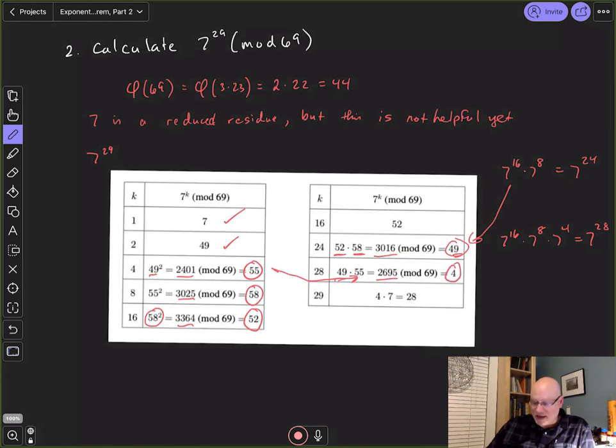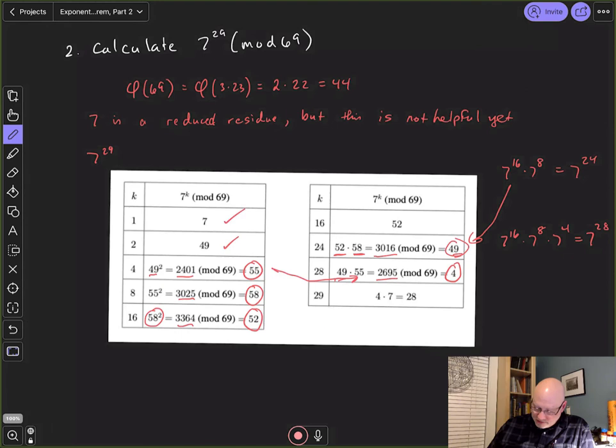Okay, and then repeat again. I'm not quite at 29 yet, so what's the next biggest power of 2 that I can add to 28 to get to 29? Well, 1 is the only thing, but that's okay. That works perfectly. 2 to the 0 is 1.